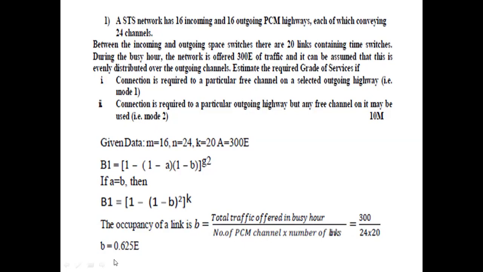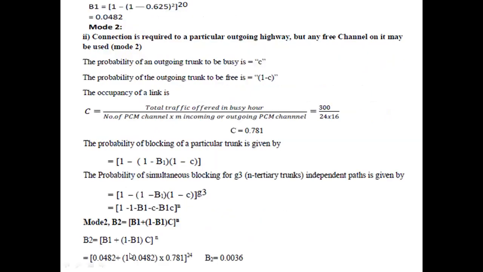The occupancy turns out to be 0.625 Erlang. The small b value is substituted here, and finally we get the value for B1. The grade of service of mode 1 for STS switches is 0.0482.